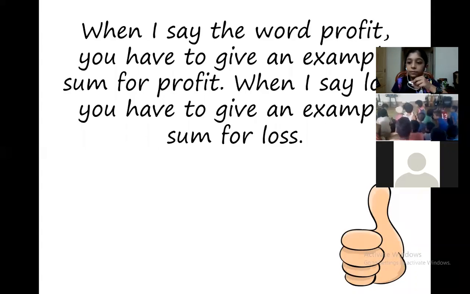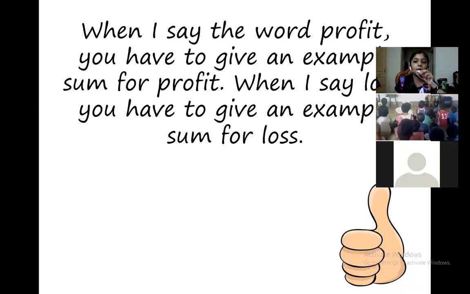We got mangoes for 100 rupees and we sell it for 50 rupees. Super. So you get mangoes for 100 rupees and sell it for 50 rupees. So you get a loss of 50 rupees.